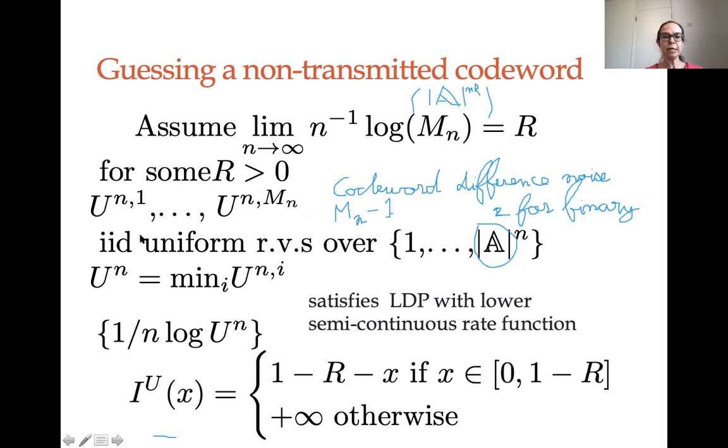And because of the construction, this IID uniform aspect is coming from the random construction of our code book. Construction of the code book is IID.